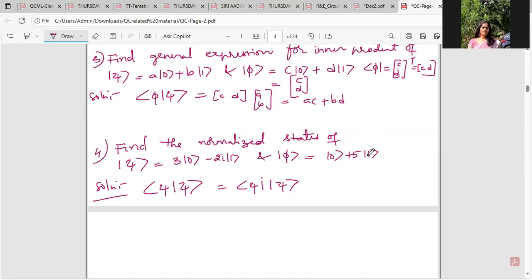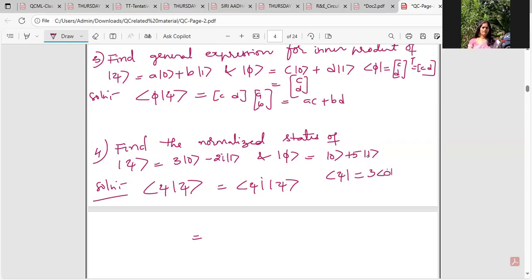So what are the values of the norms that I'll be having? The dual of ket xi would be nothing but, just see the notation, how I'll be writing the dual. 3 bra 0.